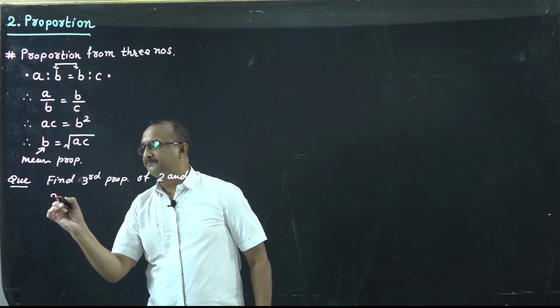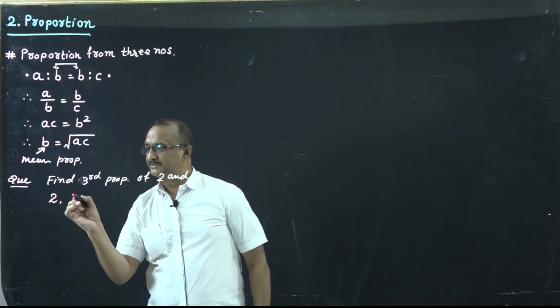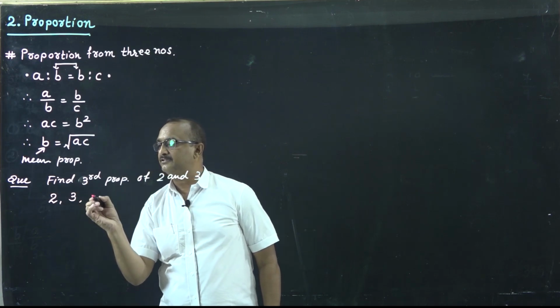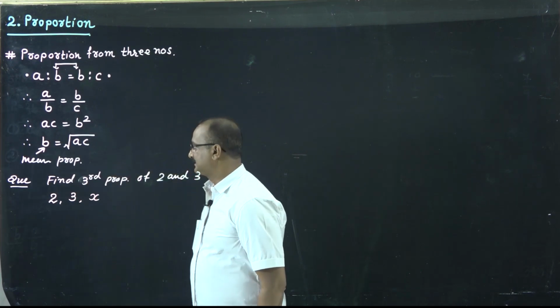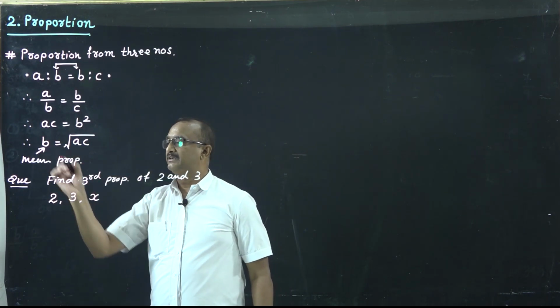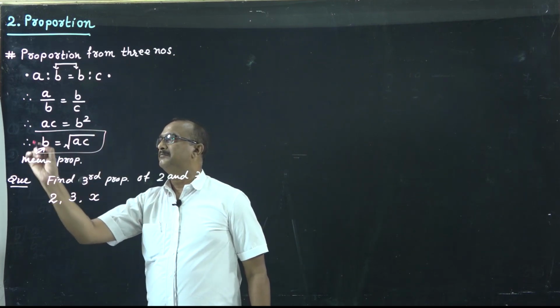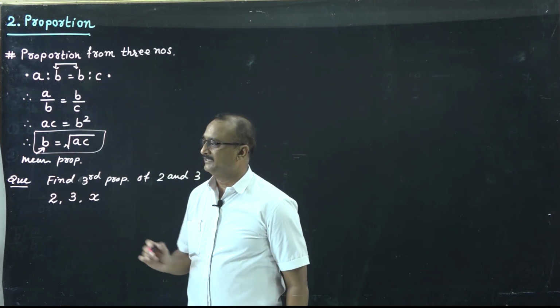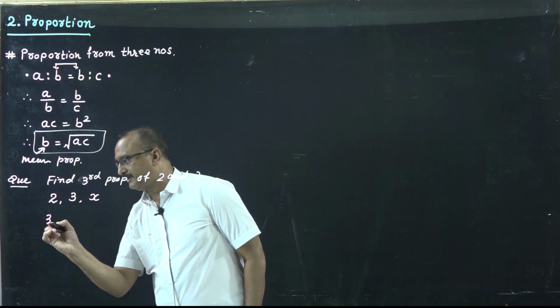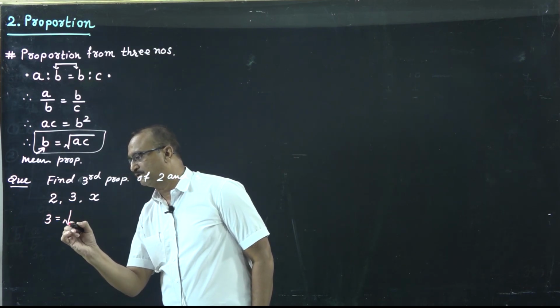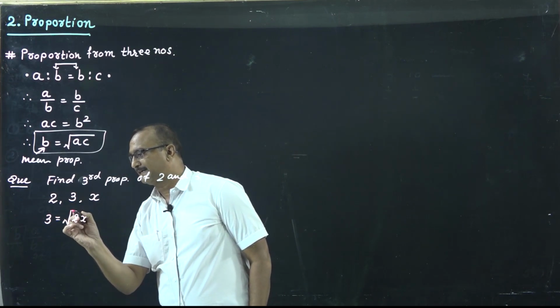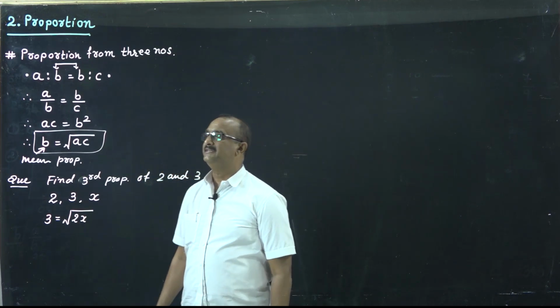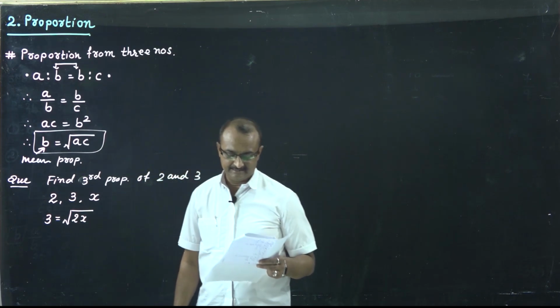So we can write first proportion is 2, second proportion is 3 and third proportion is x. Now what is our formula? B equal to under root of AC, means middle term is equals to under root of 2x. B is equals to under root of AC.